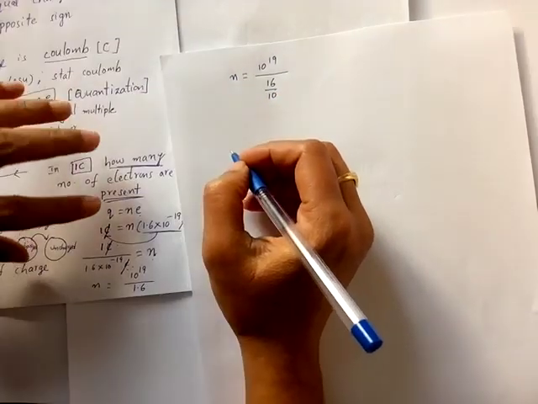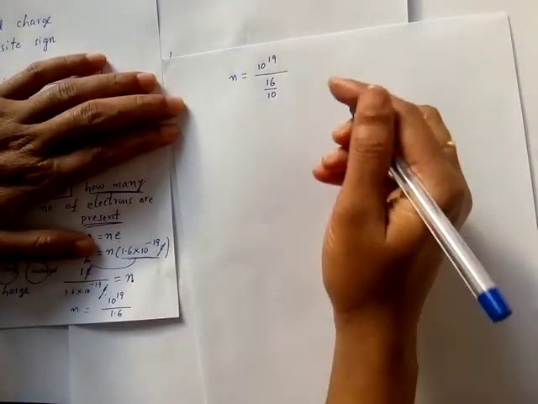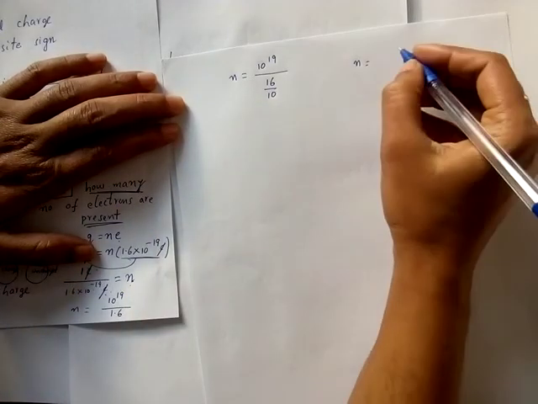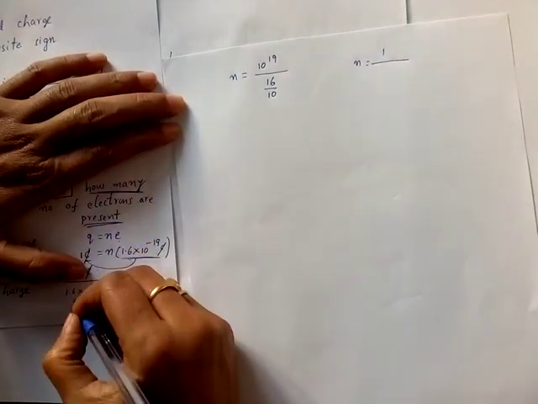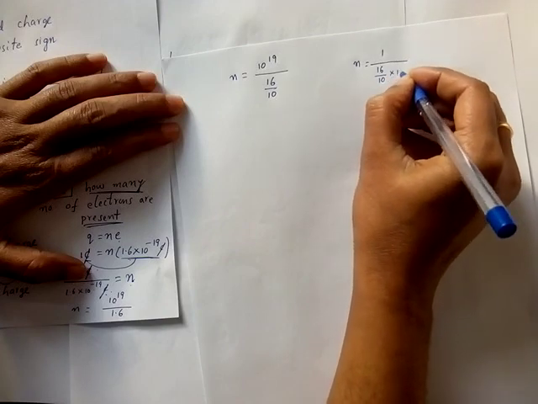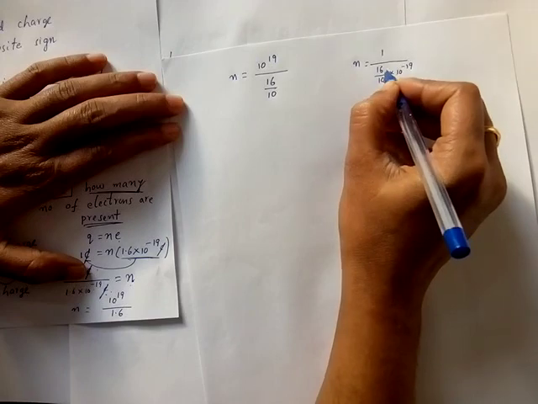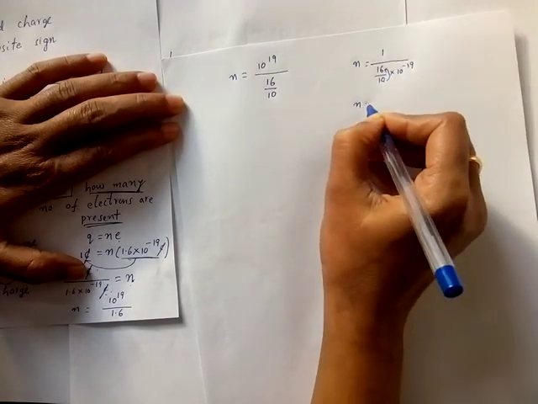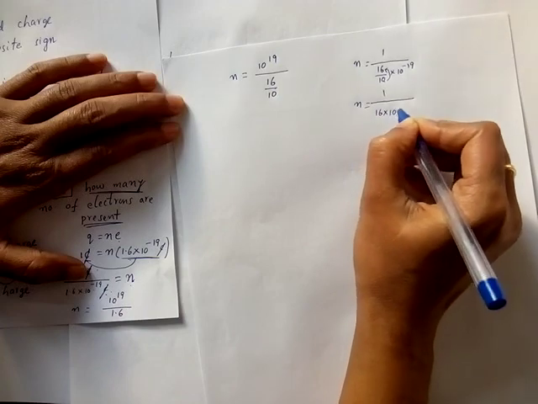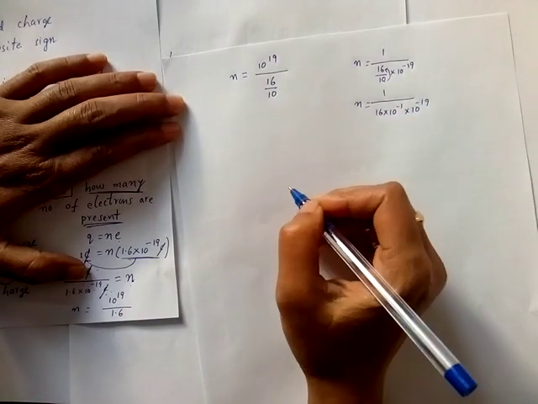Okay. So here also what you can do? From here itself, in this step itself, what you can do? 1 by this 1.6 I am writing as 16 by 10 into 10 to the power of minus 19. Now if this 10 I can write here itself. So N is equal to 1 by 16 into 10 to the power of minus 1 into 10 to the power of minus 19.